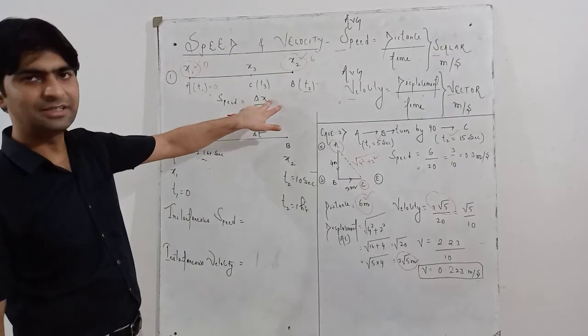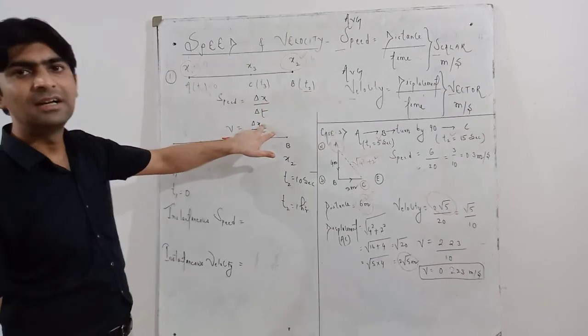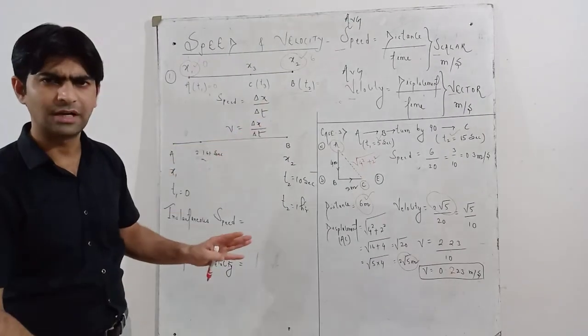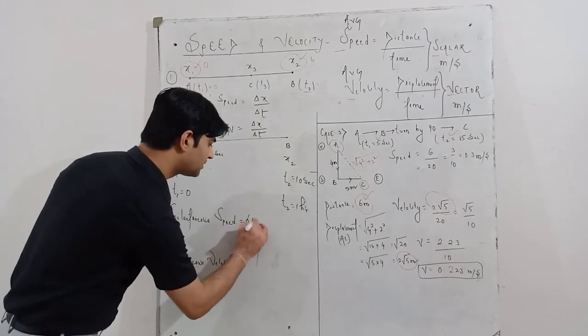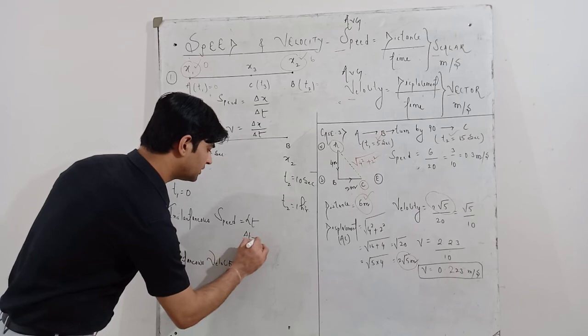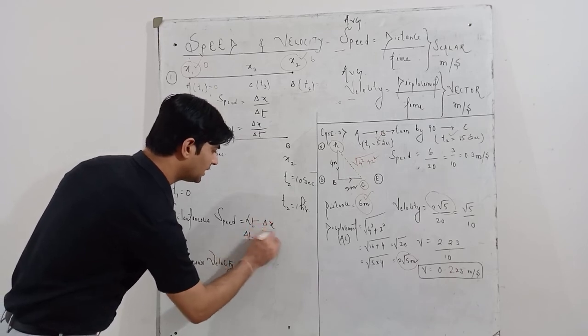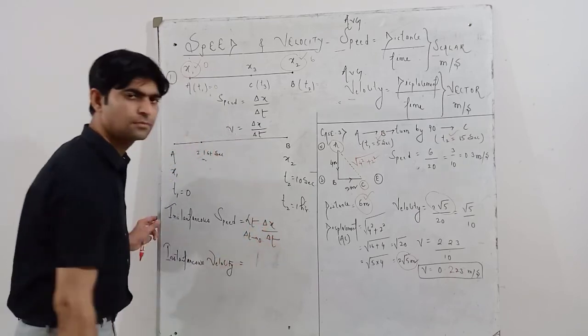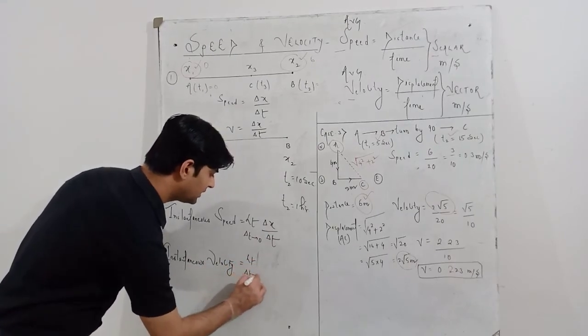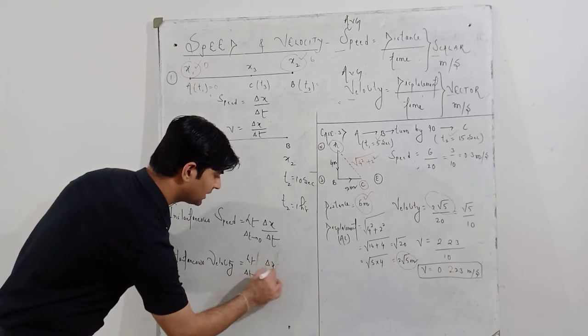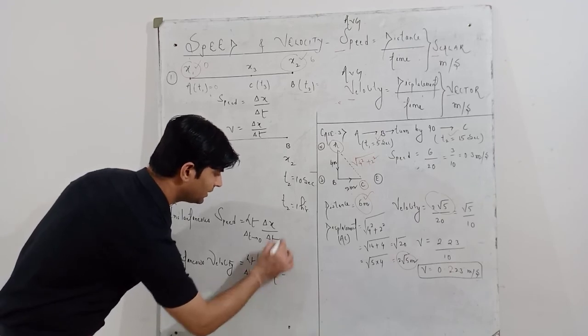Here x indicates distance, and here it indicates displacement, whatever it will be for that particular case. So for instantaneous speed I will write limit del t tends to 0 del x upon del t, and for velocity again I write limit del t tends to 0 del x upon del t.